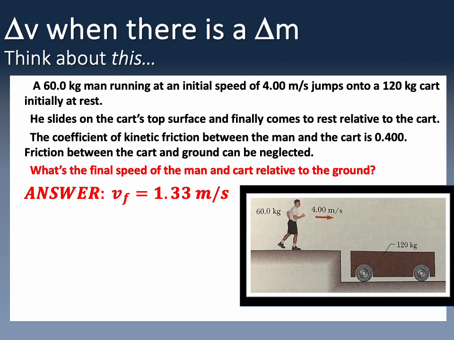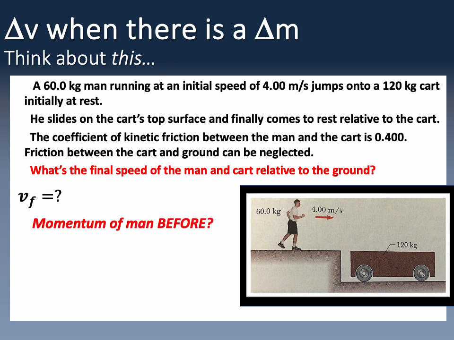And we are back. So let's see how we get this 1.33 meters per second. It's not bad. So we're looking for a final velocity. Well, let's talk about the momentum of the human before. This is not hard to figure out. We know the human's mass and we know the human's velocity.